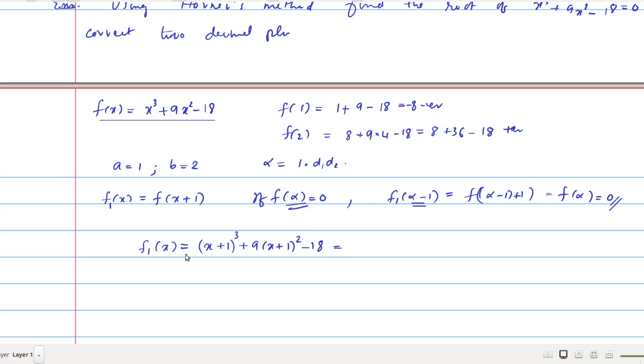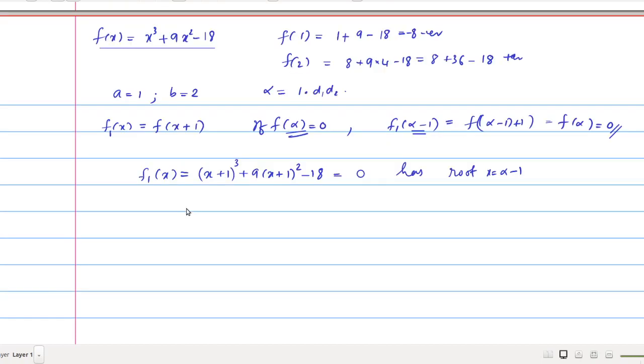f1 of x, we can say that this equation has root alpha, x equal to alpha minus 1. What will be the root of the equation? It will be alpha minus 1.